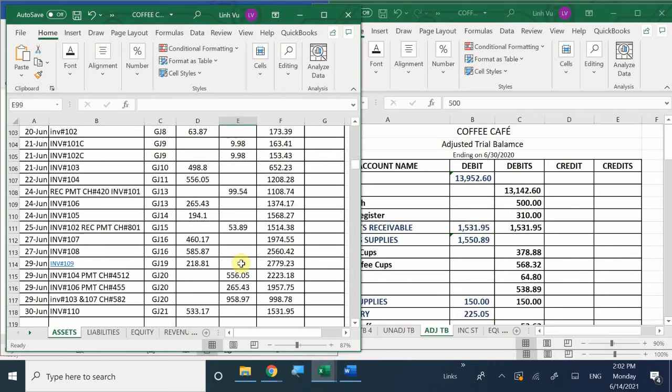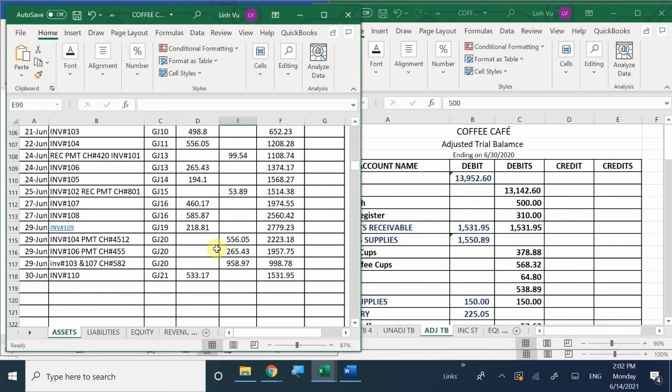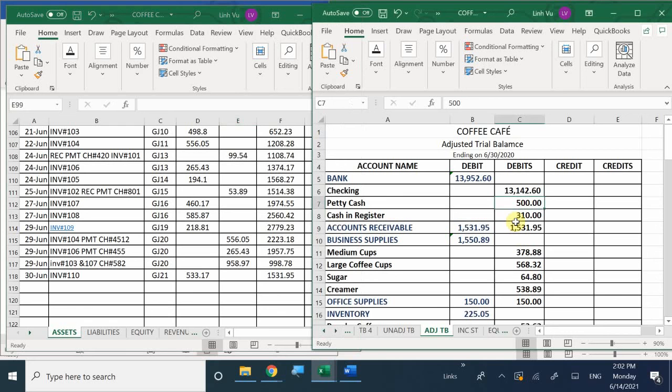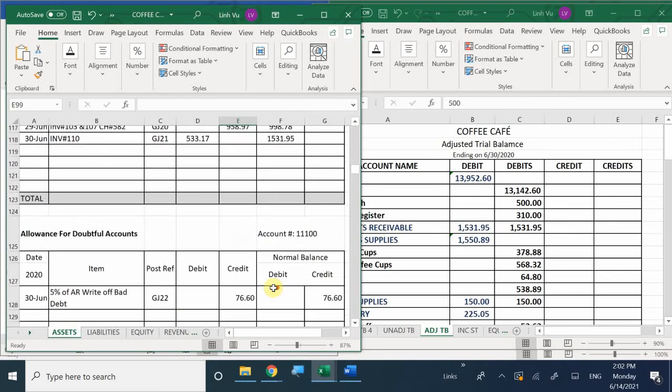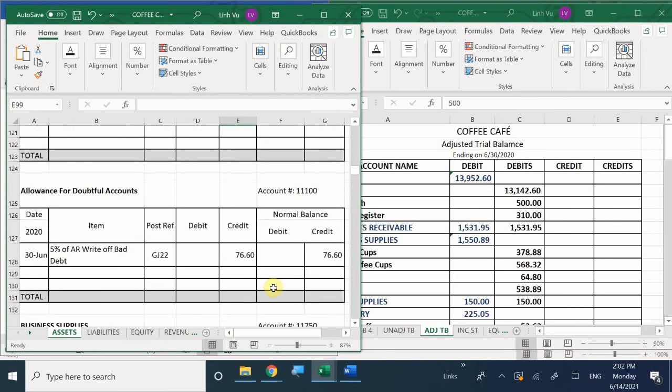What about my accounts receivable? It stayed the same at 1531.95. However, what do we also have here? Allowance for doubtful accounts.